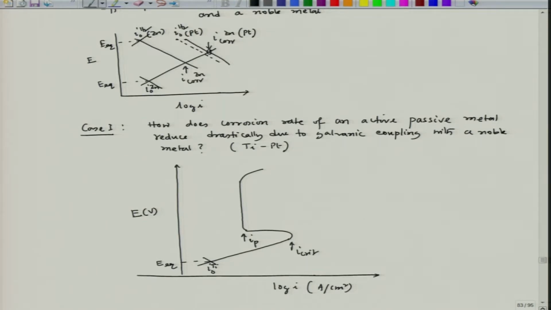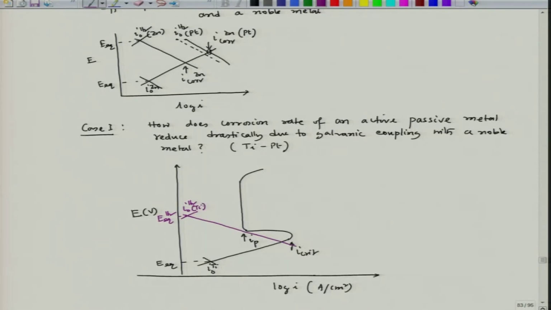So, on the titanium surface, if I plot it with a different color, on the titanium surface it can have its own. So, this is basically E equilibrium hydrogen and I 0 hydrogen over titanium surface.